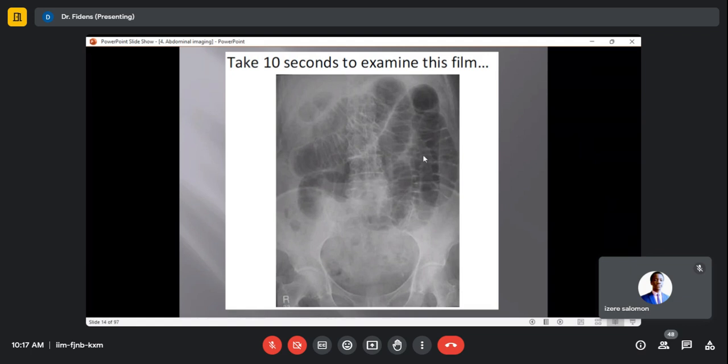Like for information, but sorry for going into details before we see how to differentiate them. All of these, you see, the dilated loops here, they are small bowels.